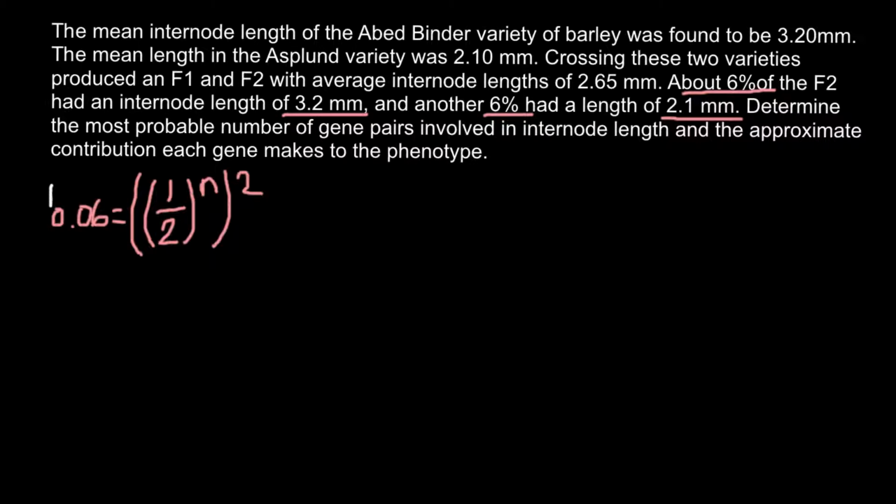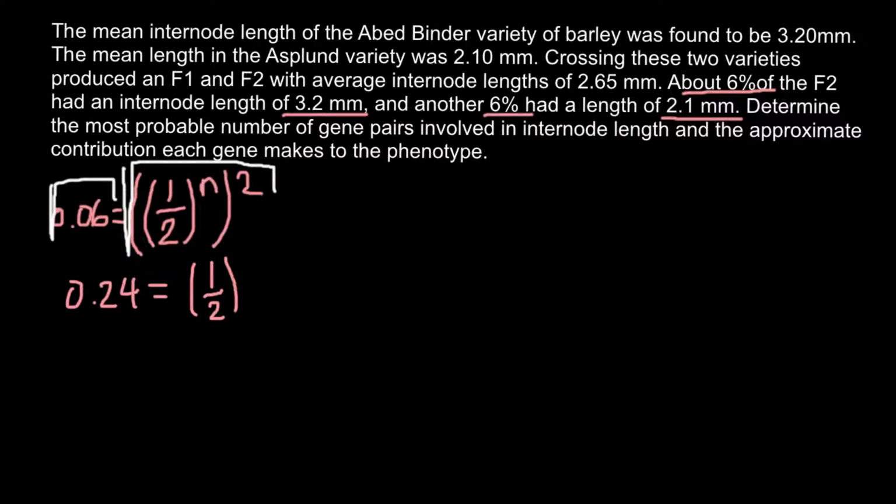If we take the square root of 0.06, we are going to get 0.24. And on the right side we are going to get (1/2) raised to n. Once again, n here stands for the number of allelic pairs that control this trait. We have to find n.